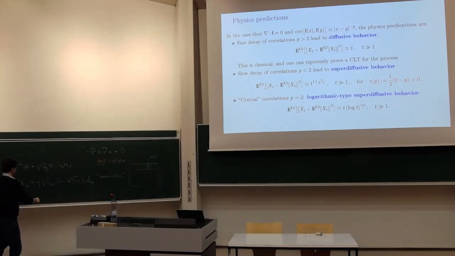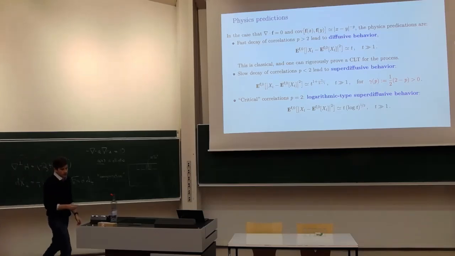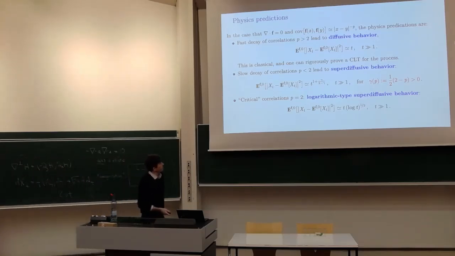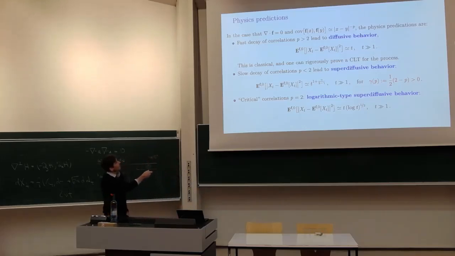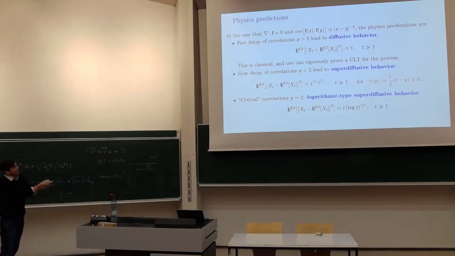And if there was no f, the variance would be 2 nu t. And you take the square root to get the standard deviation, and you get the square root of t scaling. That is the diffusive scaling. So that's what you would expect. This is what Brownian motion satisfies. And if the correlations decay fast enough, the f will affect the constant that goes in front of the t.